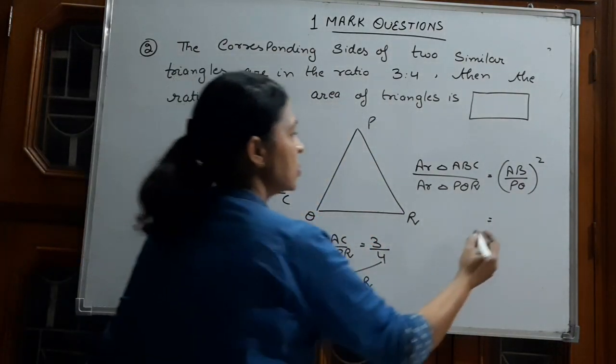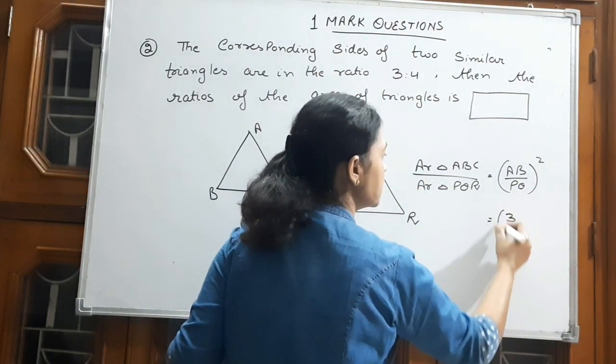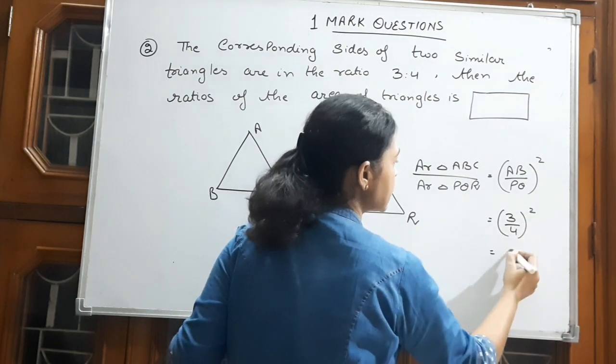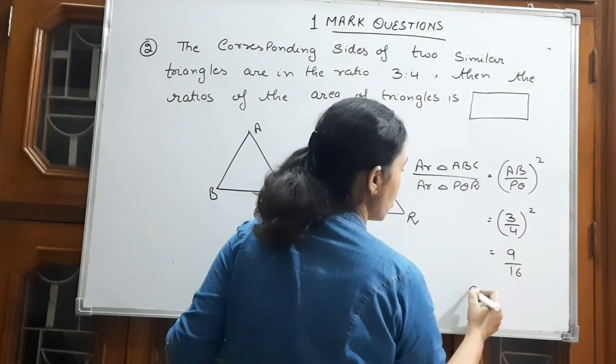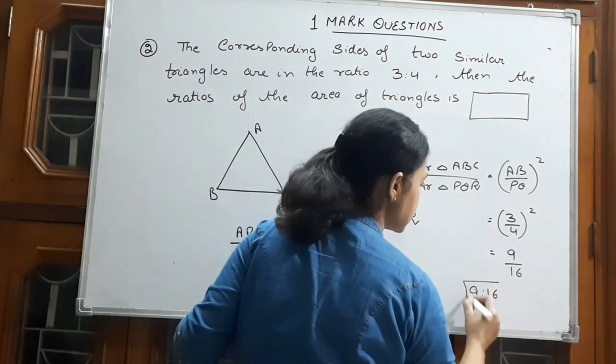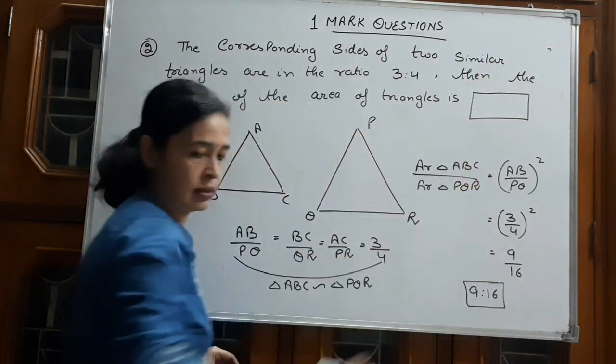AB upon PQ is 3/4 whole square, that is 9/16, or we can write 9:16, and this is our answer.